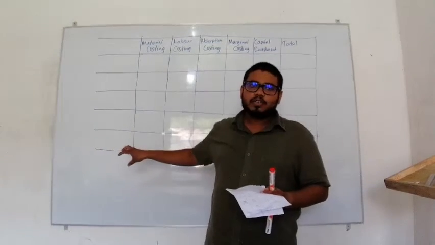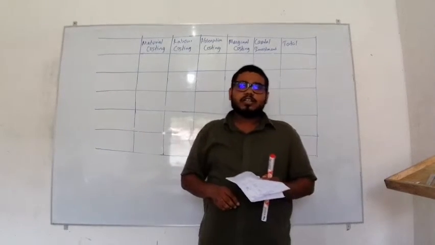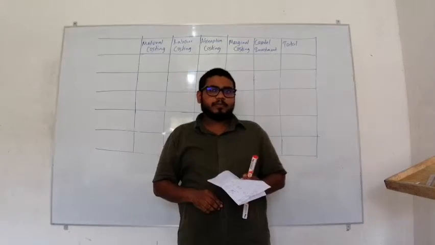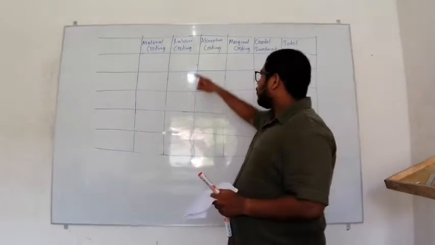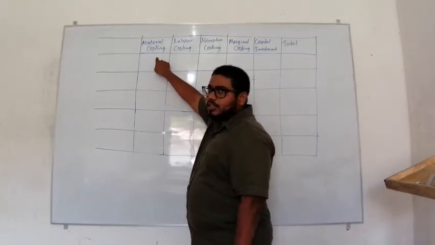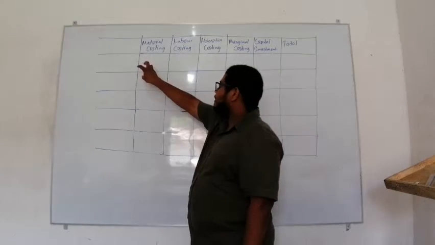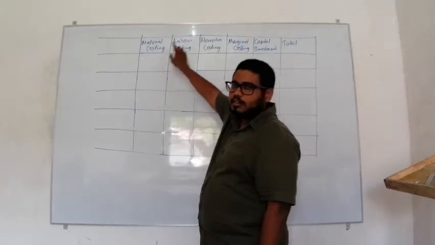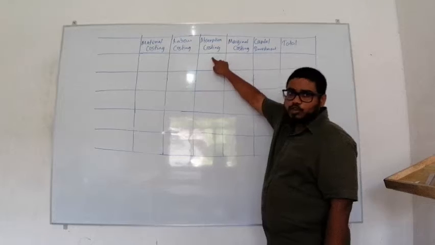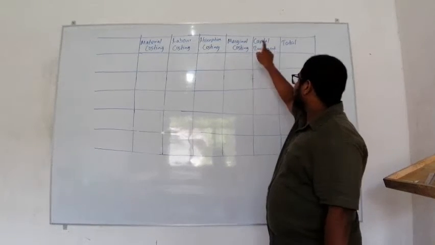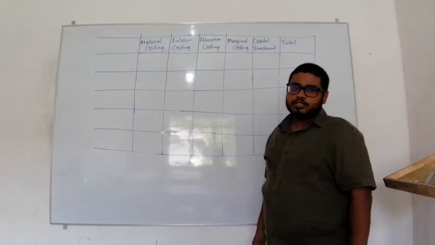Basically, we are going to analyze only the second part of the advanced level accounting paper, and we are going to analyze how many marks we'll find in each paper related to material costing, labor costing, absorption costing, marginal costing, and capital investment.